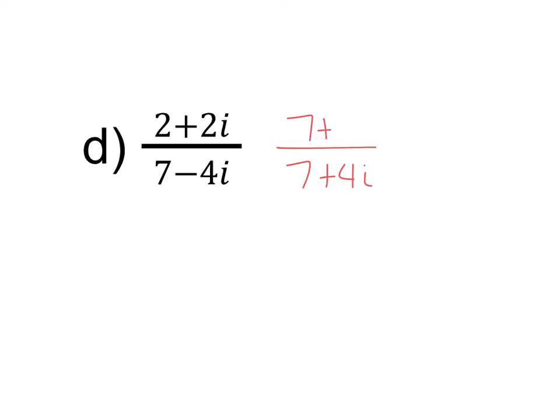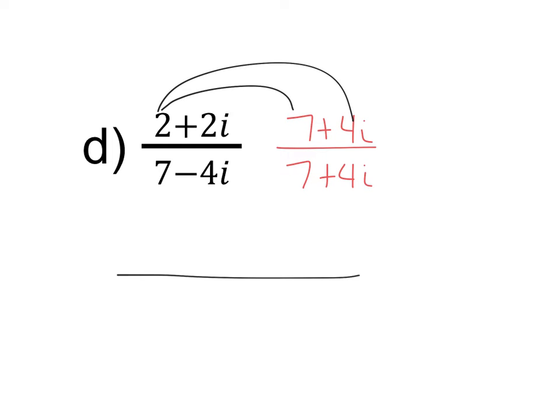Again, this time we have to distribute a lot. So I'm going to go slow so you don't make any mistakes. I like to color code, it helps me. So distribute that 2. So that would give me 14 plus 8i. Let's distribute that 2i. So this would be what?